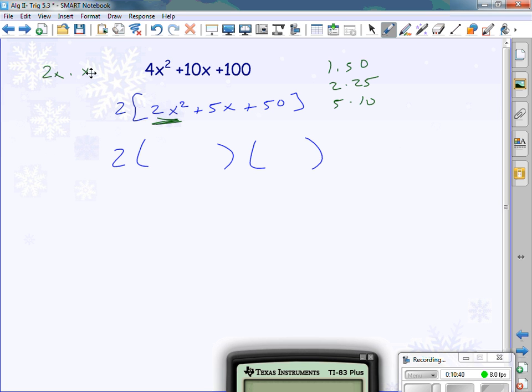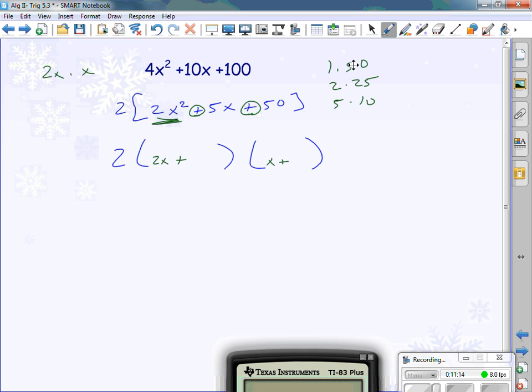So I need to figure out some sort of combination. The signs are the same, and they both have to be positive. So I know one has to be 2x, 2x plus, x plus. So I need to add them together and get a 5 in the middle.